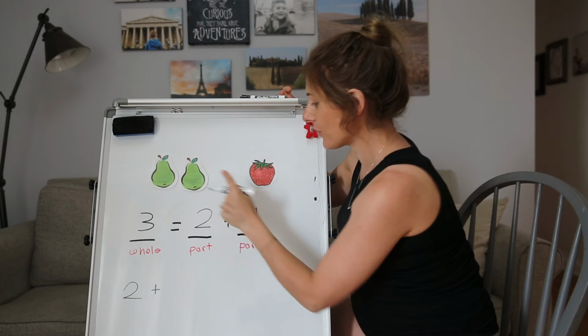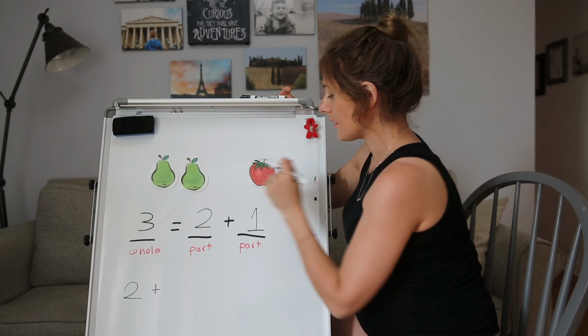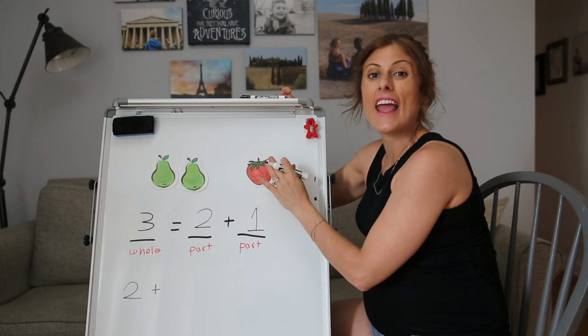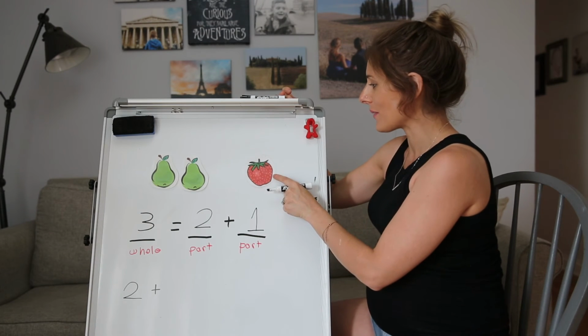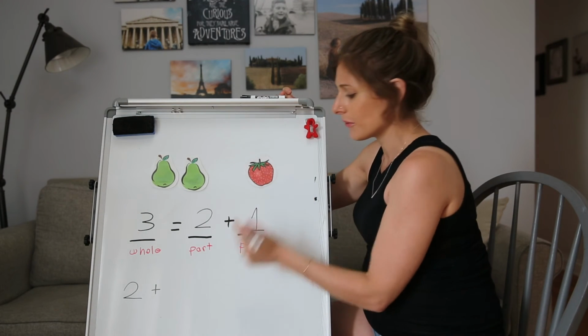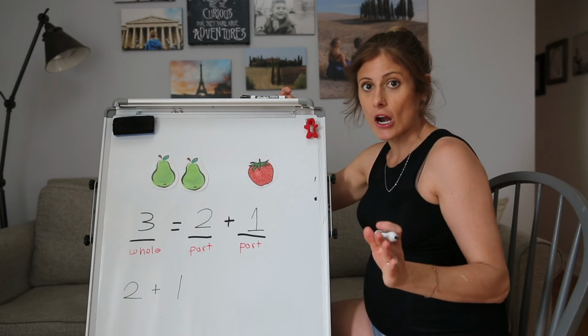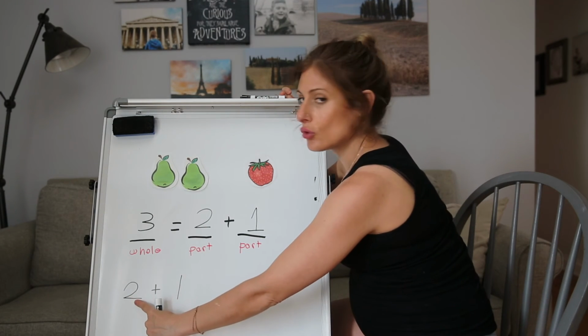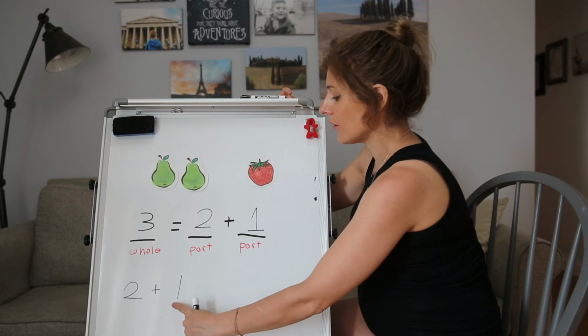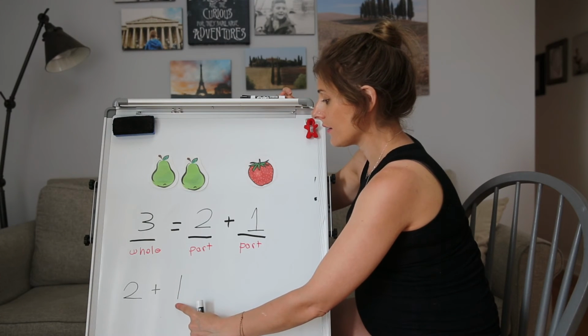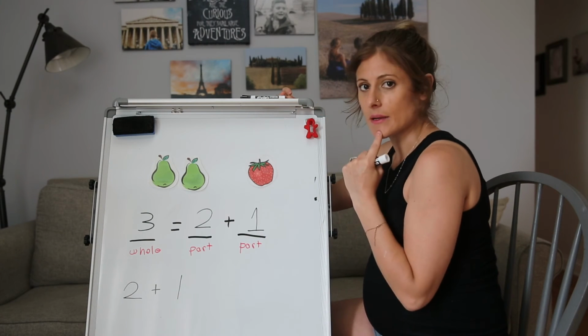So what am I adding to 2? See, I have my first part, my second part. I add my second part. How many do I have here? Just 1. I'm going to write it down. 1. So far, I have 2 plus 1. I need a symbol now.